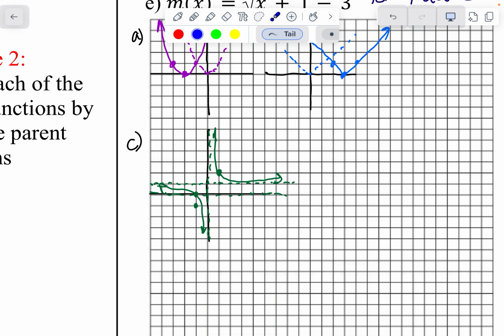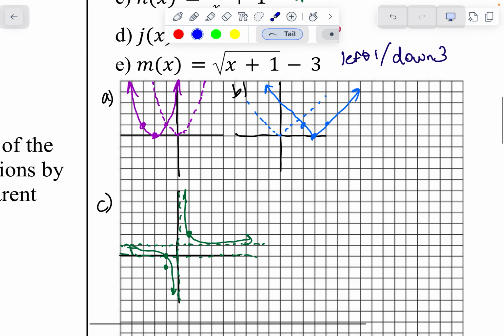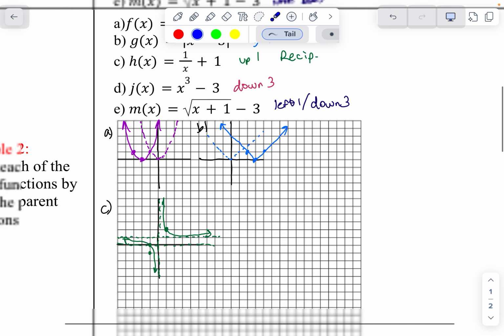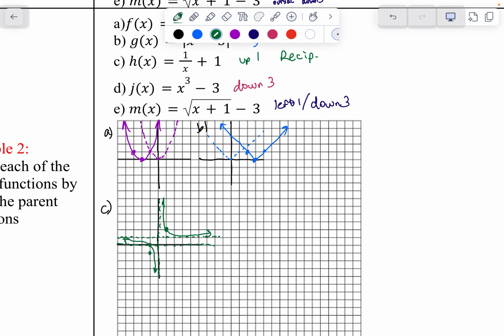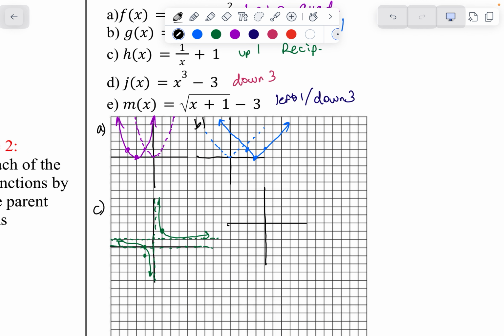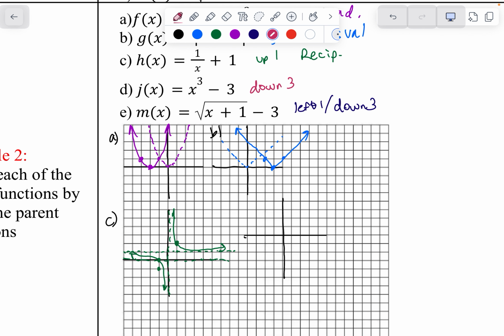What is the parent function called for D? Cubic. That's a cubic, so let's write that down. Now, normally our cubic hits those points. But now all we're going to do is shift each of those points down 3 jumps.